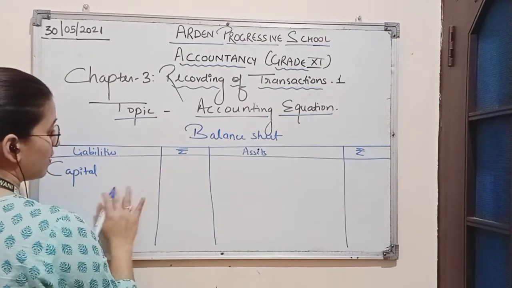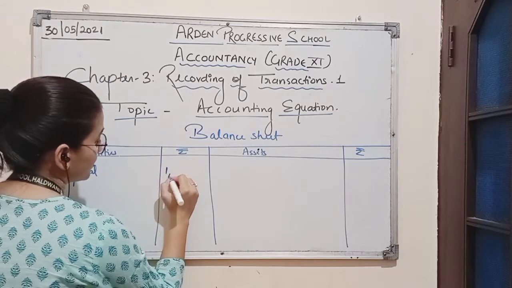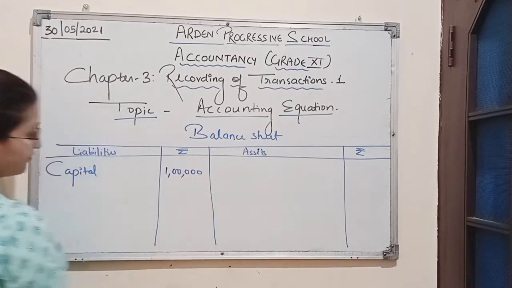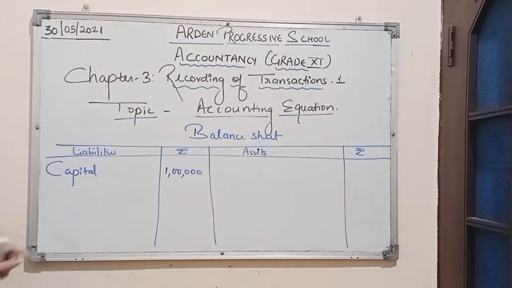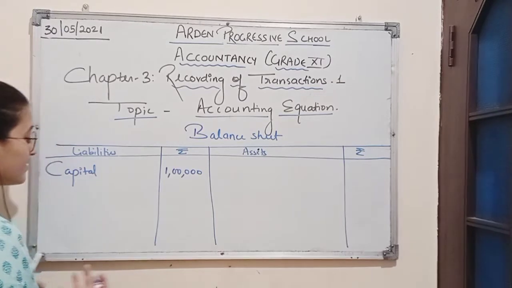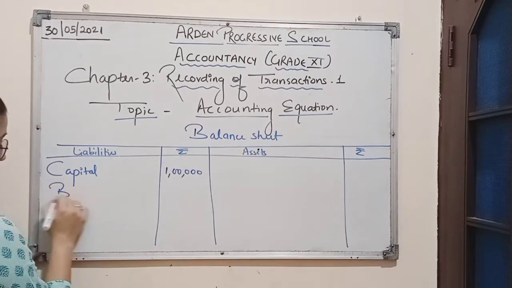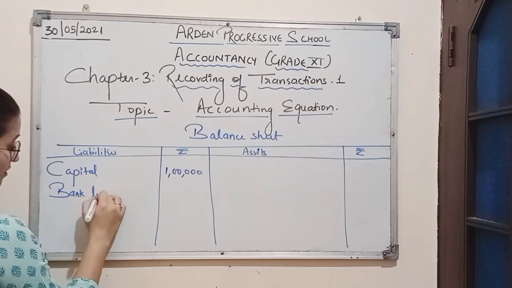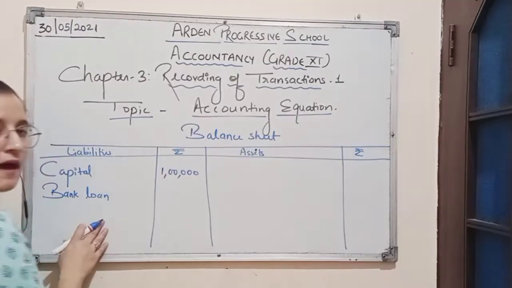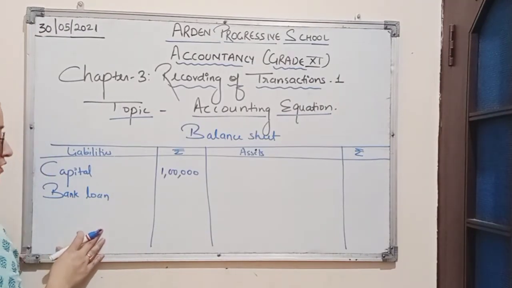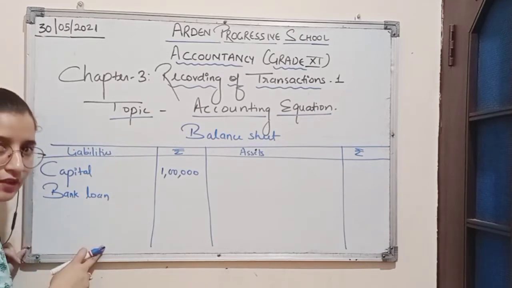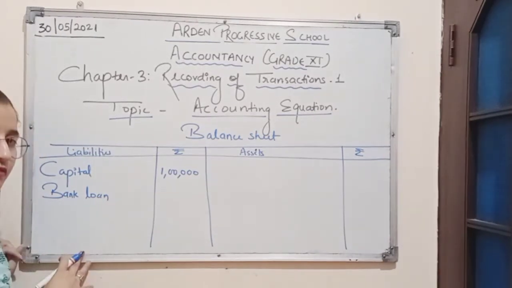Now let's suppose the amount of capital is 1 lakh rupees. At the same time, the firm has borrowed some amount from outsiders also. So here we can write bank loan. Bank loan is also a liability for the firm, because this amount is to be returned to the bank in the future.